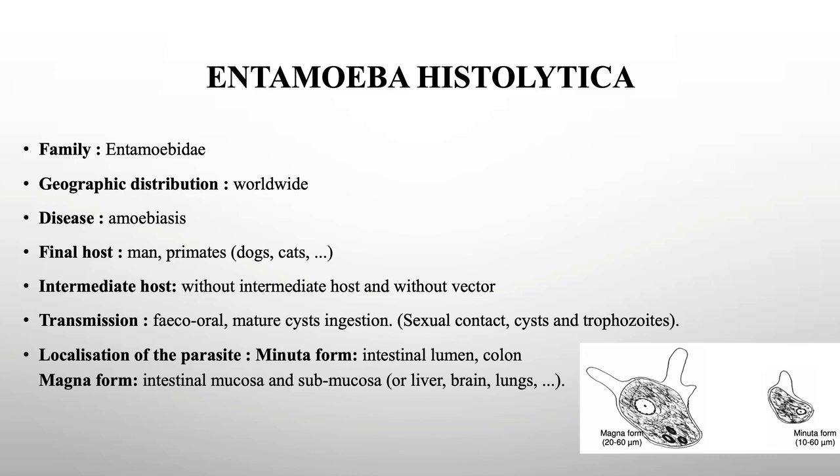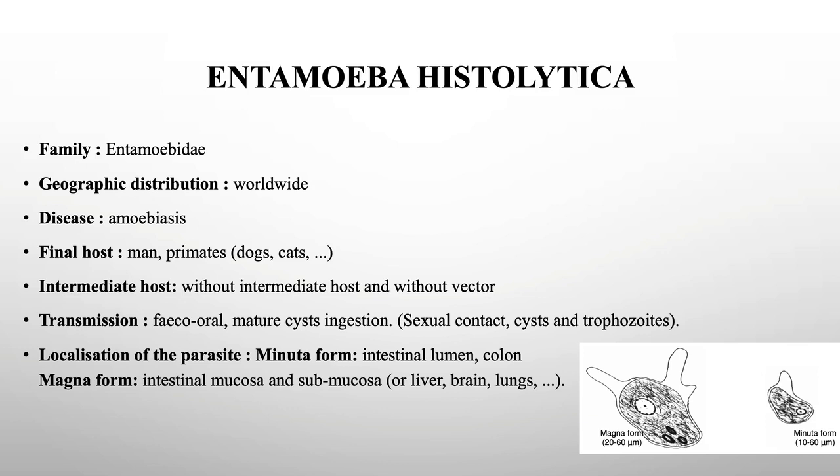Before going to the two types of the localization and the names of this parasite, for example, if I have a parasite that can live in the blood only, and I want to detect that parasite, I have to take a blood sample.